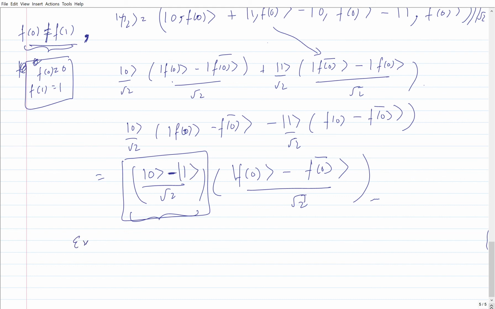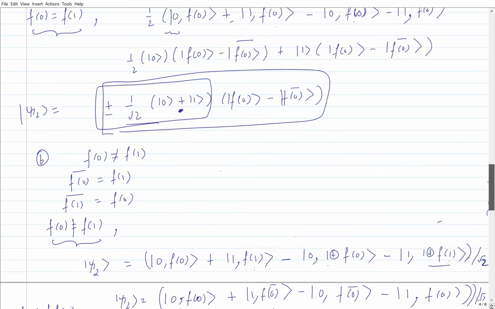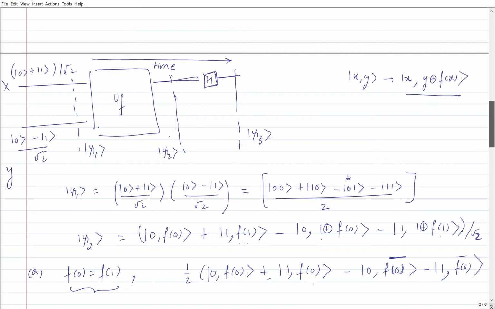So extract, as a final step, the phase information using the Hadamard gate. So finally in that circuit I had, remember, the Hadamard gate.